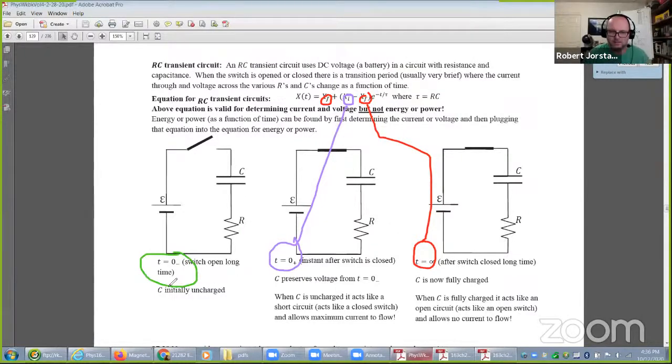The idea is we use this fact to get the ball rolling. The t equals 0 minus picture, you don't even have to draw it if you don't want to. The whole point is you figure out what's true about the capacitor. So that tells us that Q initial is 0 and that its voltage must also be 0.